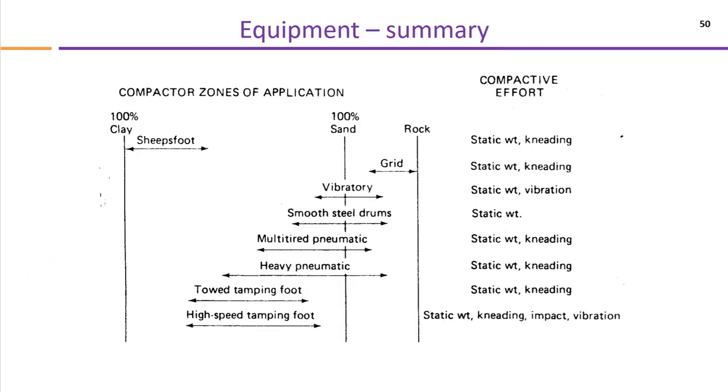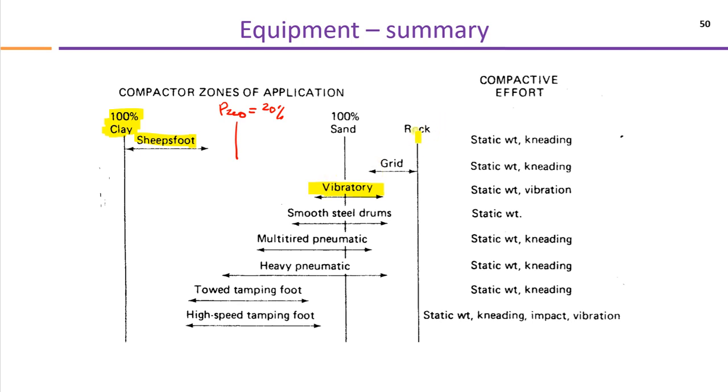So here is the summary. The summary is, if we are dealing with the clay, then we are going to use sheep foot roller, and sheep foot roller is used if the fines passing 200 is 20% or more. So then we are going to use sheep foot roller. But if the soil is granular, then we are going to use any roller but with vibration.